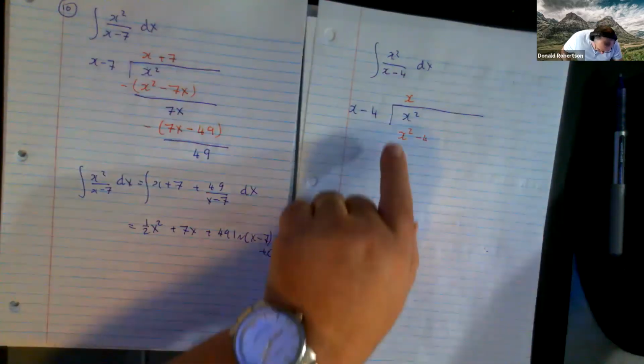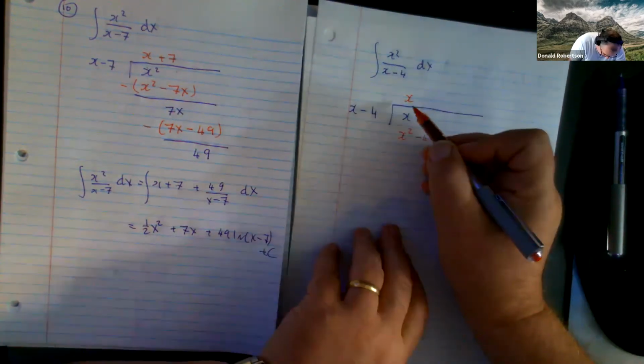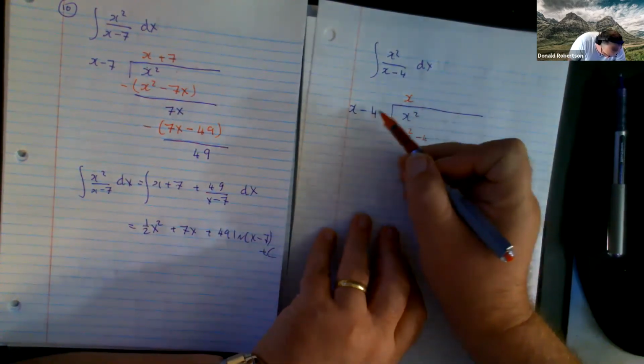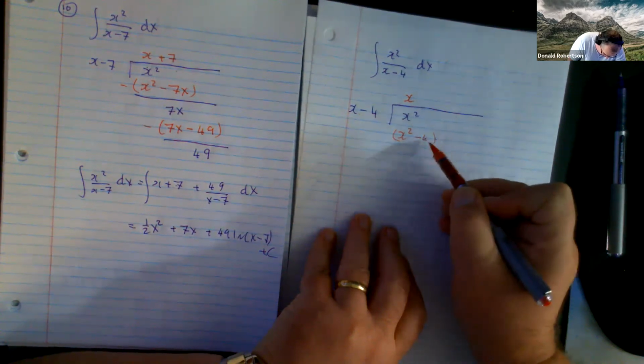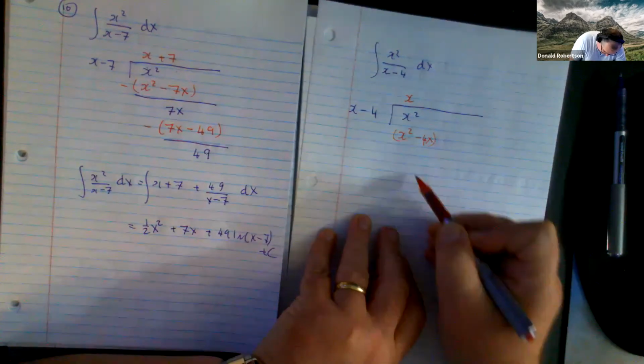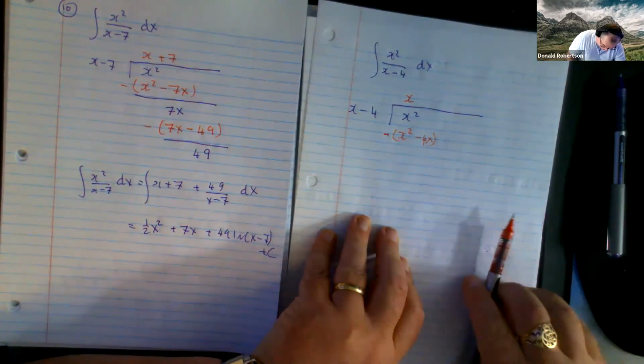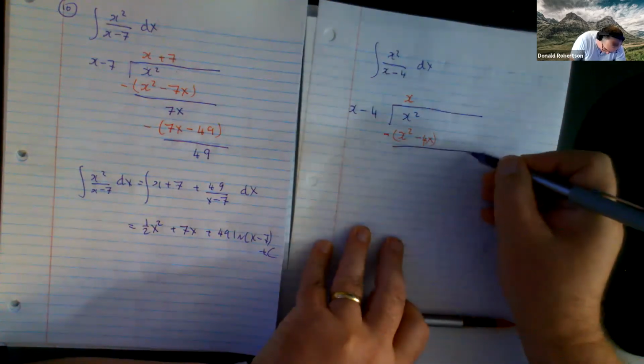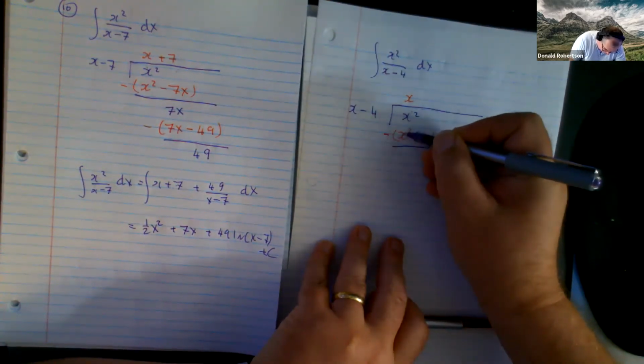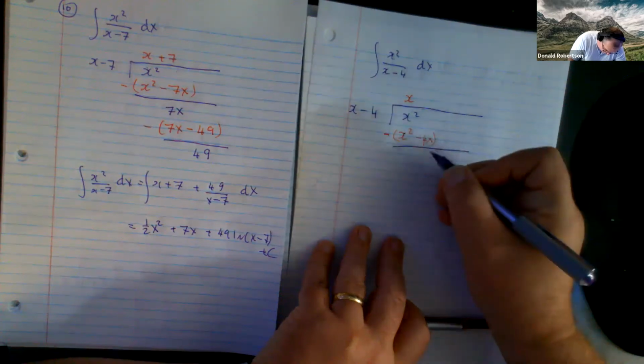Put that guy over there. We'll do this one just as a second shot. X times this guy gets you x squared minus 4x. And then you subtract. X squared take away x squared, gone. Nothing take away negative guy gets you 4x.